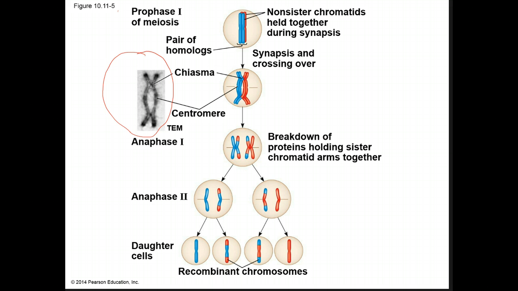The red circle is being used to highlight the electron microscope figure showing two chromosomes undergoing crossing over. Synapsis is when they line up close together, and the crossing over is when the DNA is exchanged. The regions where the synapsis and crossing over occurred is called the chiasma or the chiasmata.